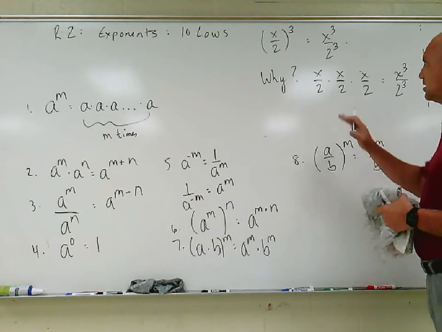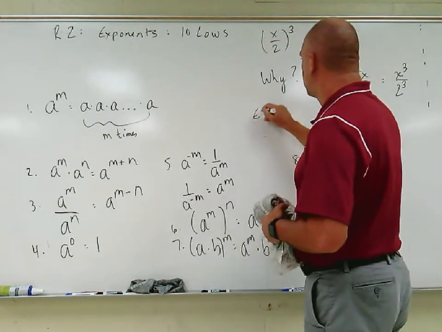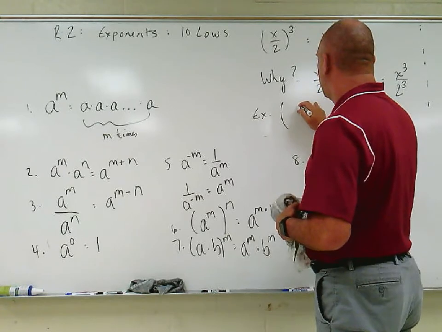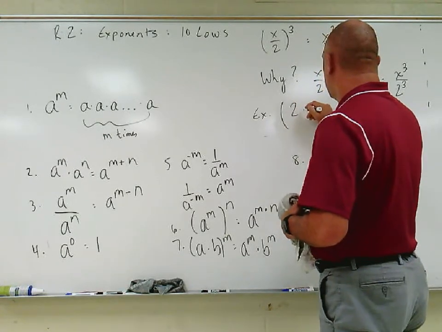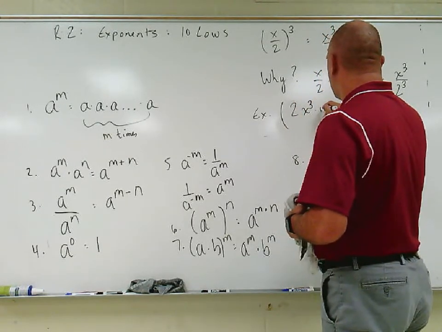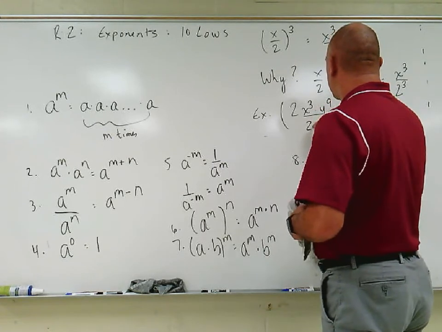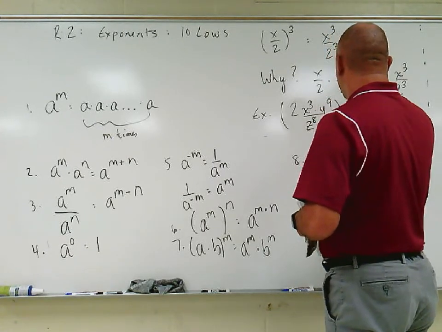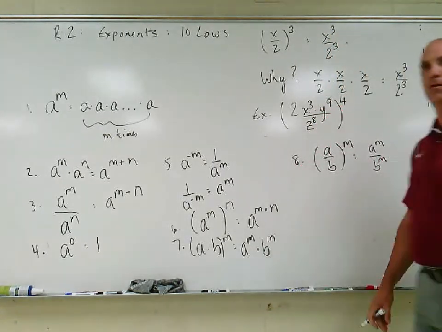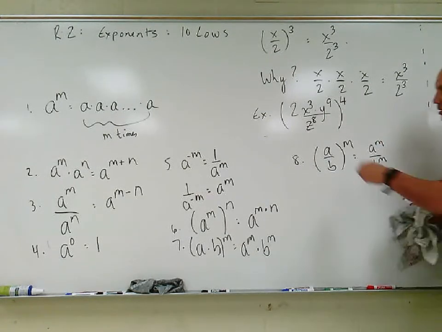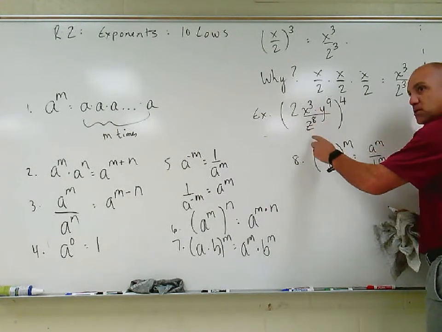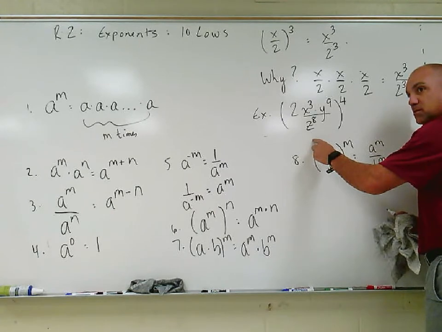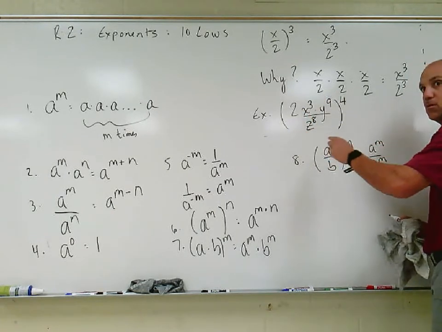So if we did an example of this, let's say we had 2x cubed y to the 9th over z to the 8th, raised to the 4th. So notice, I've got multiplication and I have division. So where's the 4 going to go?